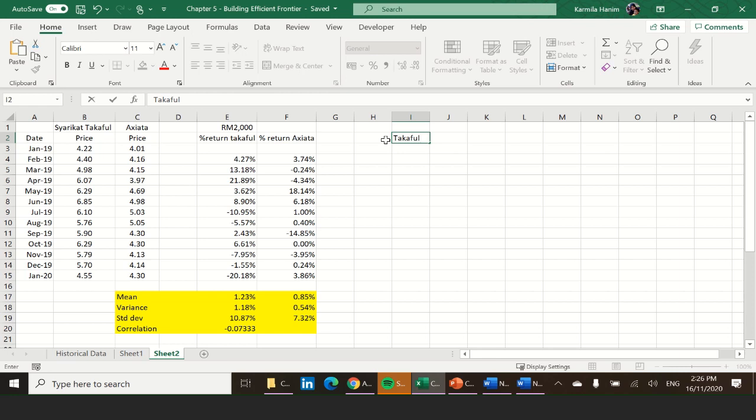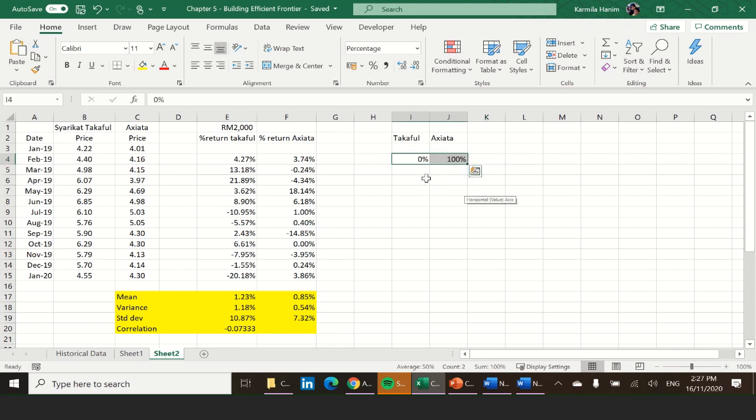This is for Takaful. So let's say we start with 0 in Takaful and full investment in Axiata.